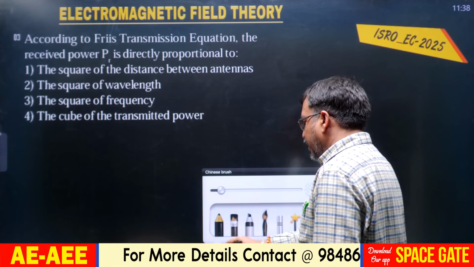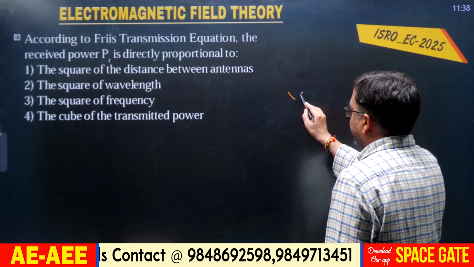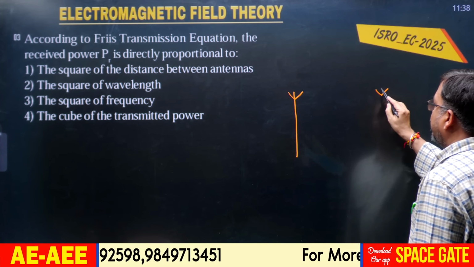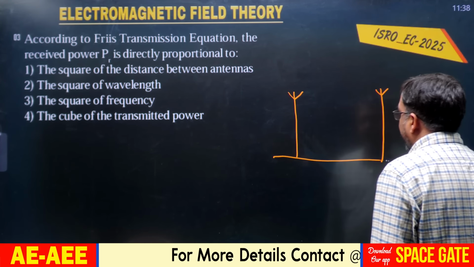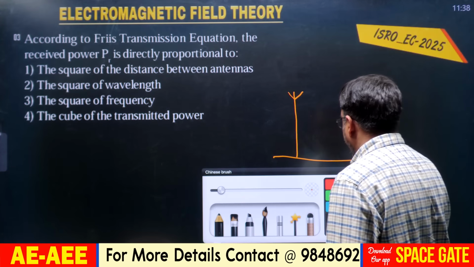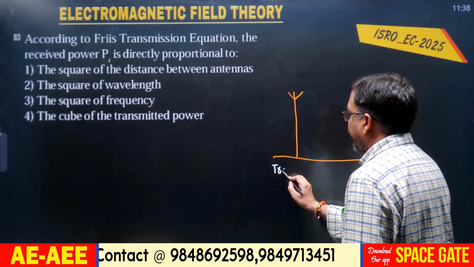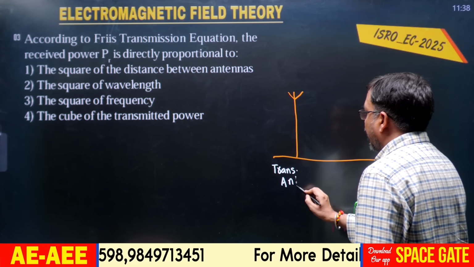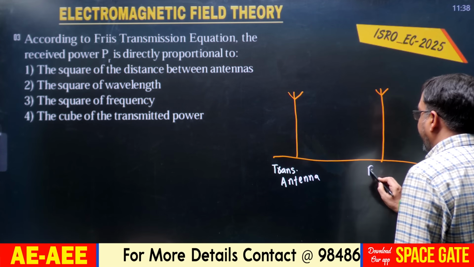Here I am considering 2 antennas, antenna 1 and antenna 2. Antenna 1 is the transmitting antenna, and antenna 2 is the receiving antenna.